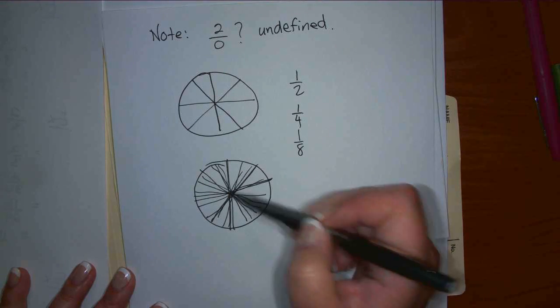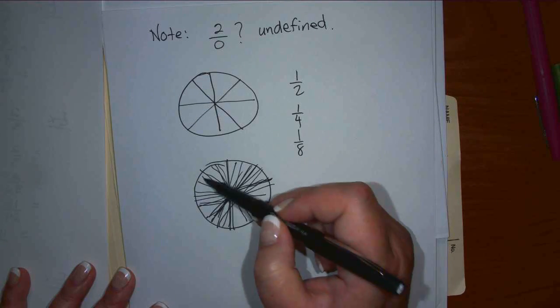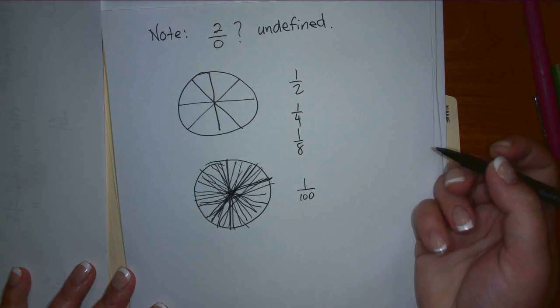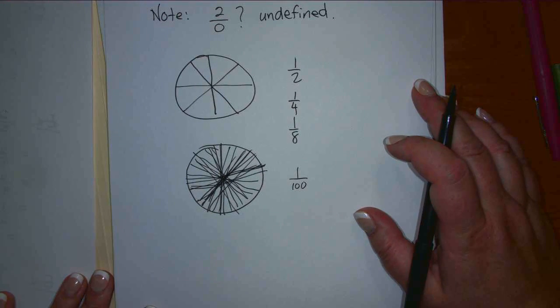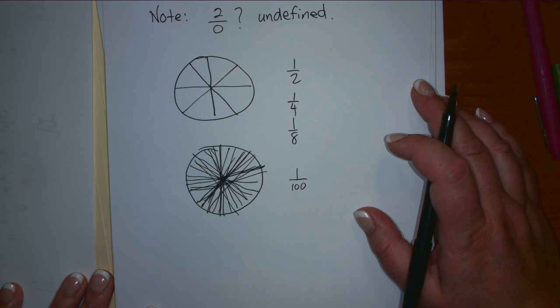If I do this enough, they'll look small, right? Okay. So let's say like 1/100. How big are those pieces? Very small. In fact, at some point, you're not really going to be able to do it anymore, right?